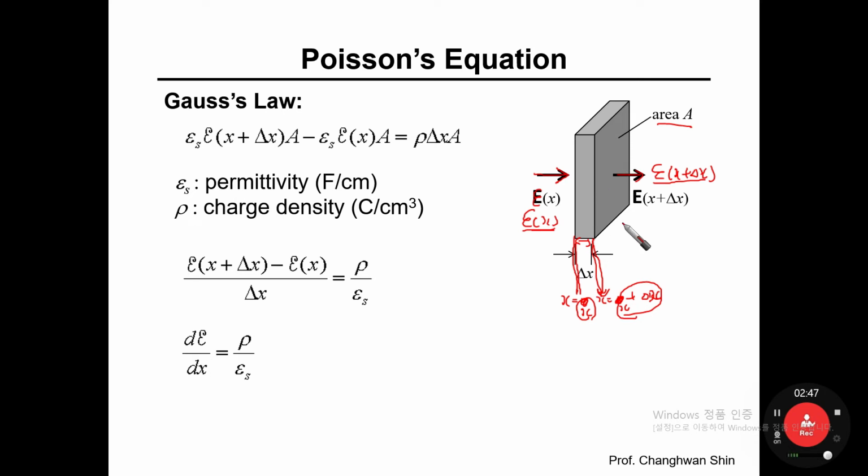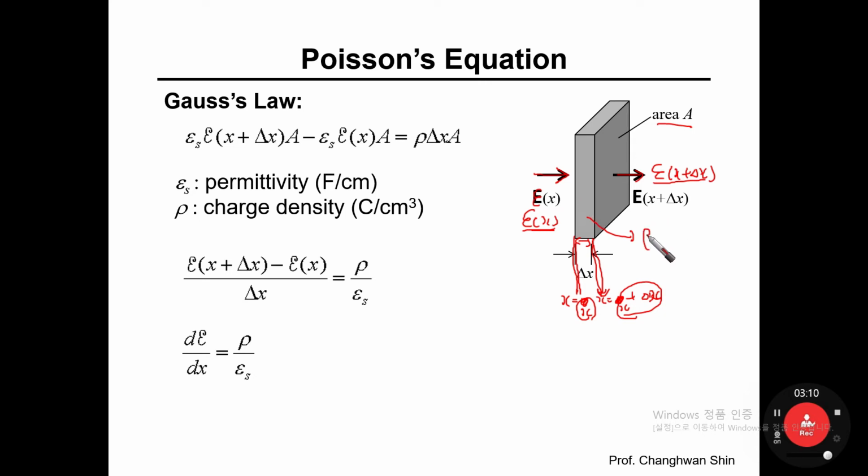So the question is, why has the electric field intensity varied while going through this infinitesimally small cube? The answer can be found from the fact that there exists a certain amount of charge within the small cube.